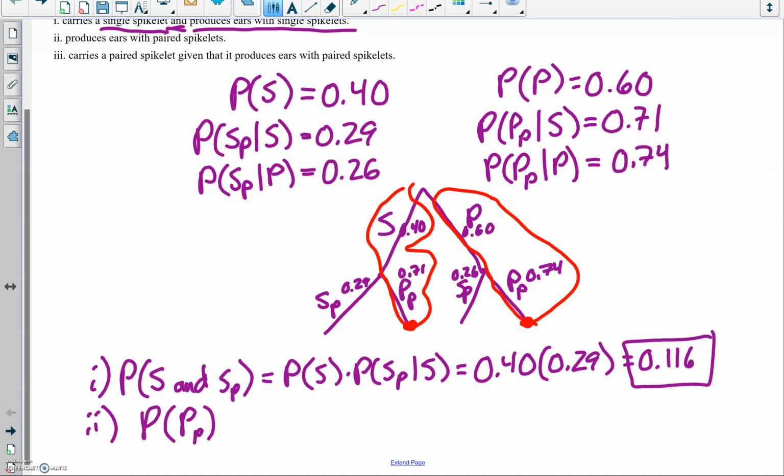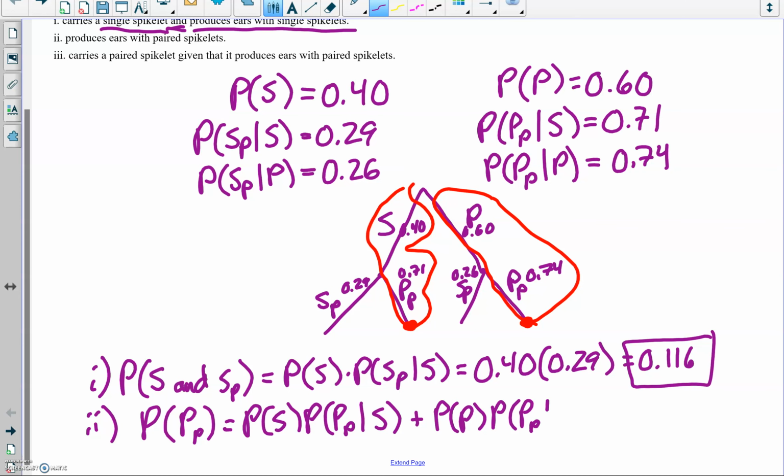So we come all the way down here, and all the way down here. That means I'm going to be multiplying the 0.40 times 0.71, and then adding that to the other branch, the 0.60 times the 0.74. Writing it out, we've got the probability of being single times the probability of being a paired producer, given that it was single, and then adding that to the probability of being a pair times the probability of being a paired producer, given that it was a pair.